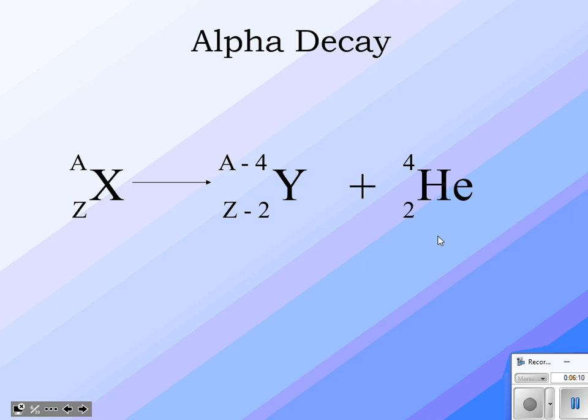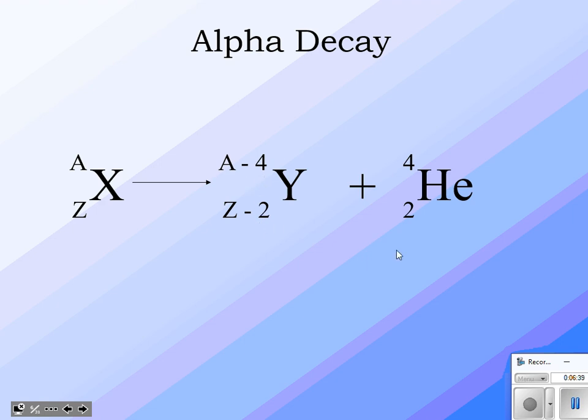Now, what is this actually telling me? Well, X right here is my unstable radioisotope. It has a mass, it has an atomic number. In order for that to get Y, which is a more stable isotope, or a more stable element, it has to take 4 and 2 off.